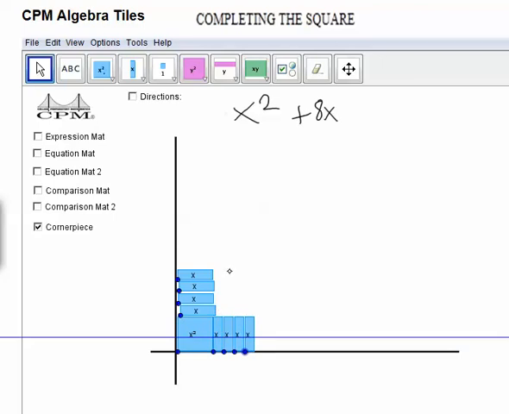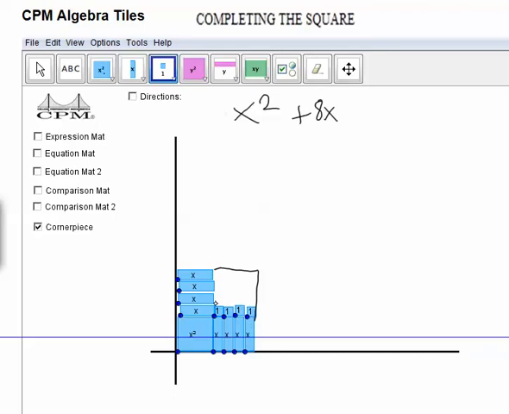So what would I need to put here to, in truth, complete the square? Well, I could start putting in some of my little positive units here. 1, 2, 3, 4.